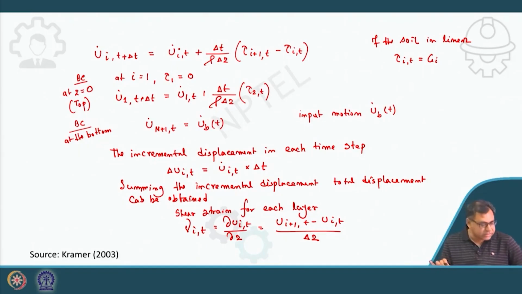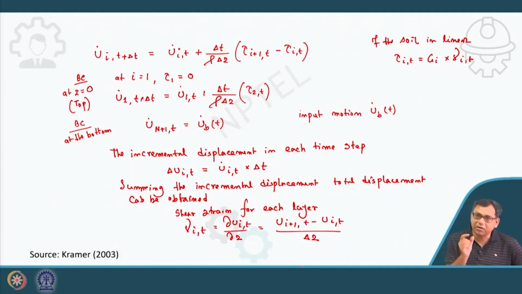Time is not changing, and then that will be multiplied into strain at any point at any time step. So G is only a function of depth. If it is changing with depth only, or if it is uniform, then only G, or G max, I will consider. It is constant, it is not changing with time. That is why, if it is a linear case.